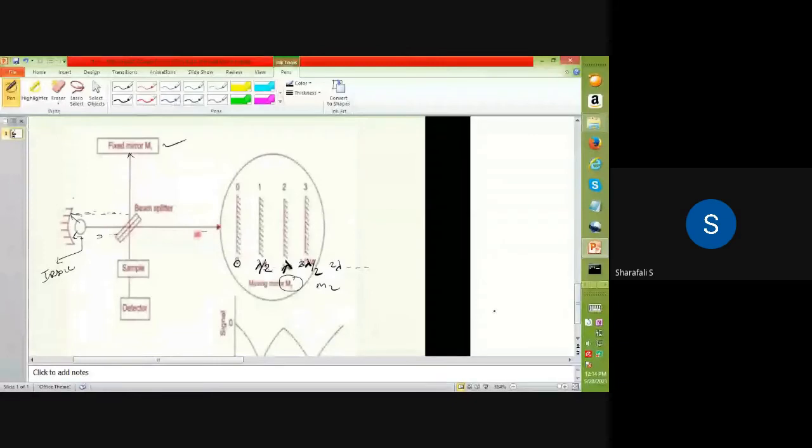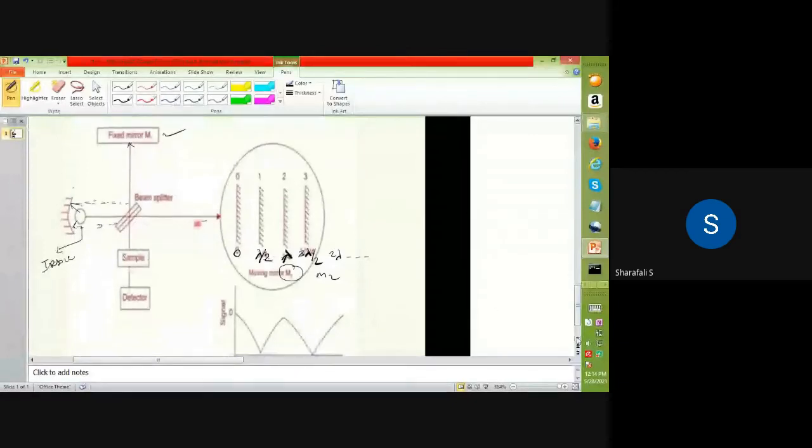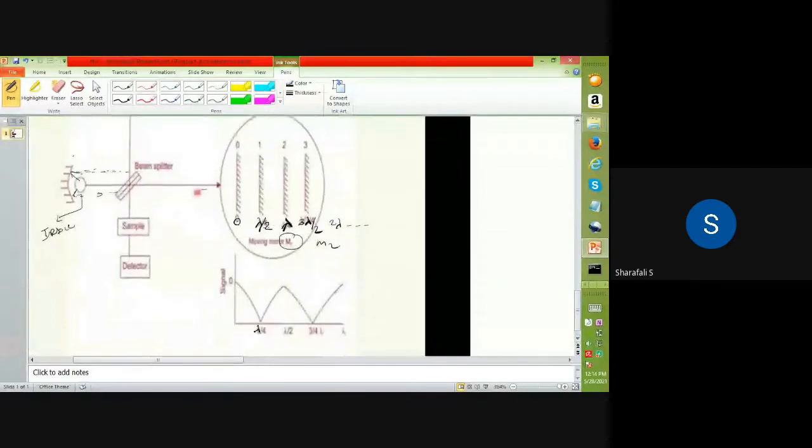I think it should come like lambda, because we will have constructive interference at the lambda position, which means that the path difference or the phase difference should be zero, or it should be lambda.